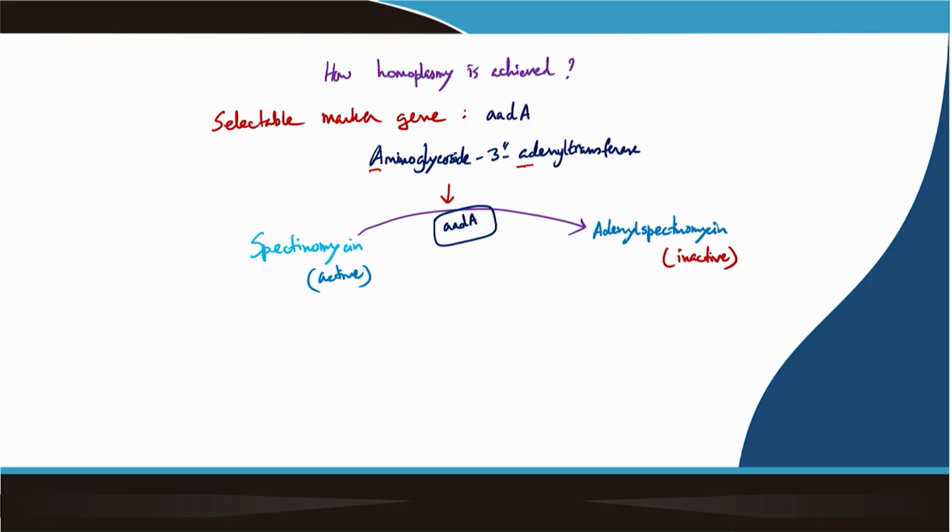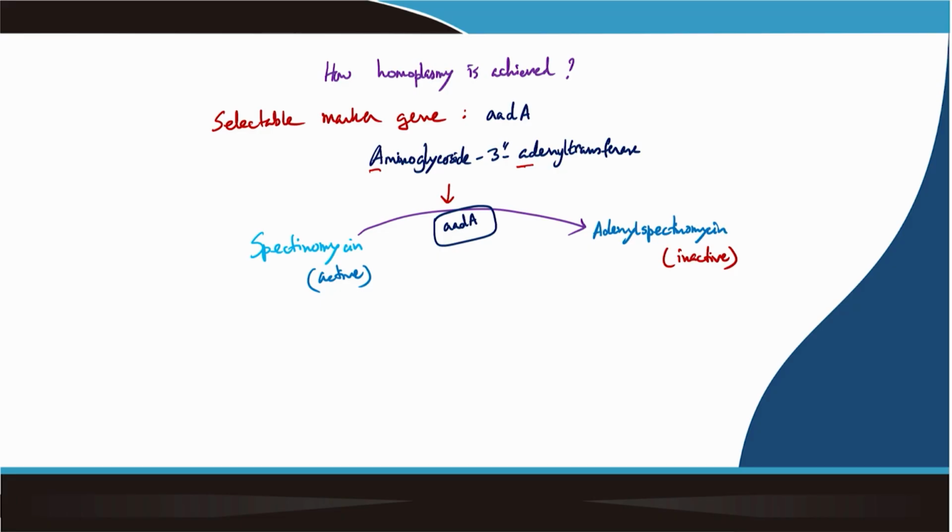Whereas if you use a plant which contains the aadA gene, the aadA gene upon expression will make aadA, the aminoglycoside 3 prime adenyl transferase, which will inactivate spectinomycin by converting it into adenyl spectinomycin, and that is how the plant will survive. So the transplastomic plant should show resistance to this aminoglycoside type of antibiotics.